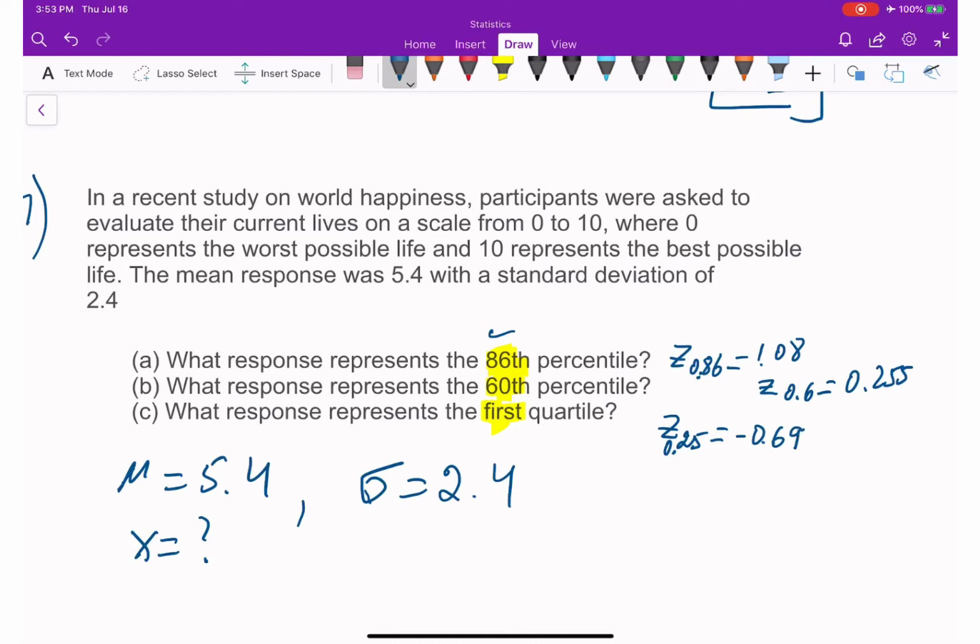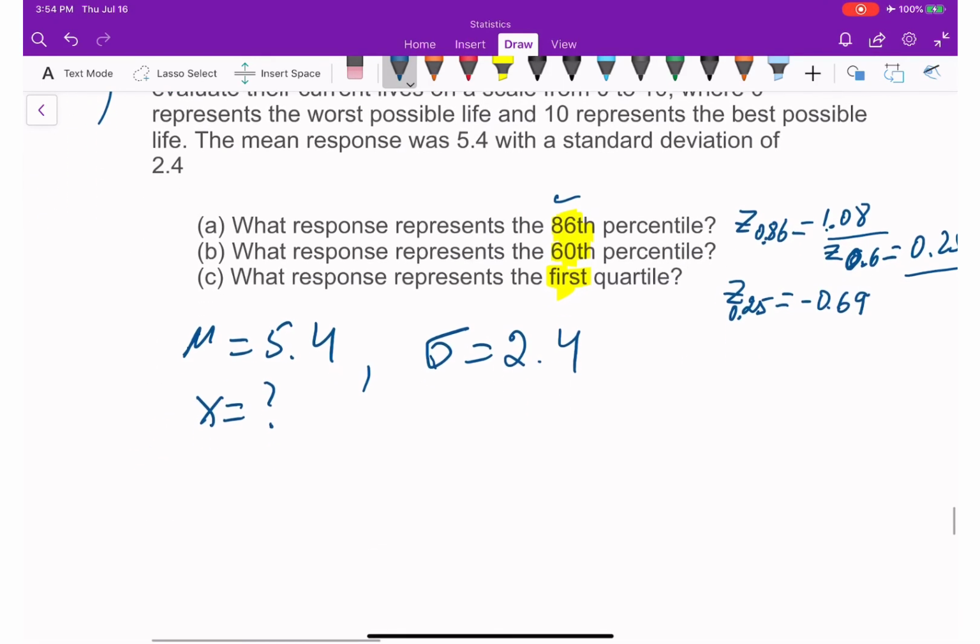Because 25% is less than 50%, therefore the z-score is negative. 60%, 0.6, is greater than 50%, therefore the z-score is positive. The 86%, which is 0.86, is greater than 50%, therefore it is positive.